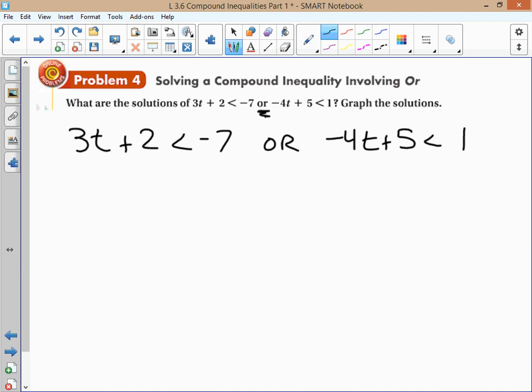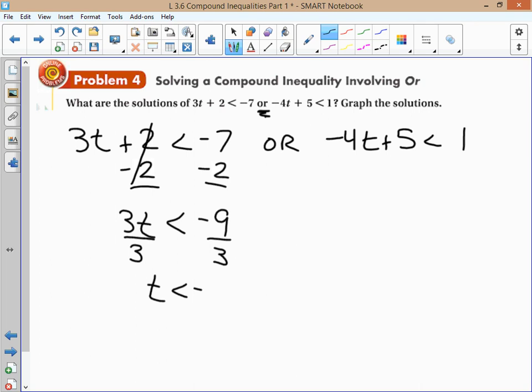With an OR compound inequality, you're basically just solving two separate inequalities and then putting them on one graph. So on the left-hand side, we're going to solve 3t plus 2 is less than negative 7. First step is to subtract 2. When I do that, the 2's go away. I'm left with 3t is less than negative 7, and negative 2 is negative 9. Divide both sides by 3. And you get t is less than negative 3.